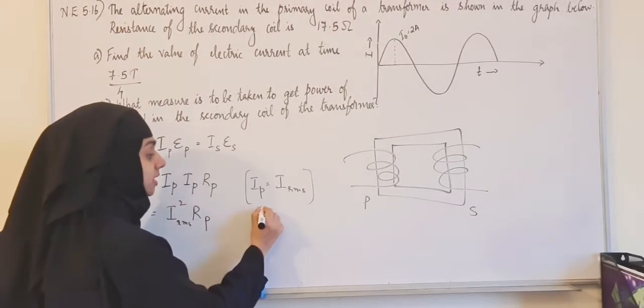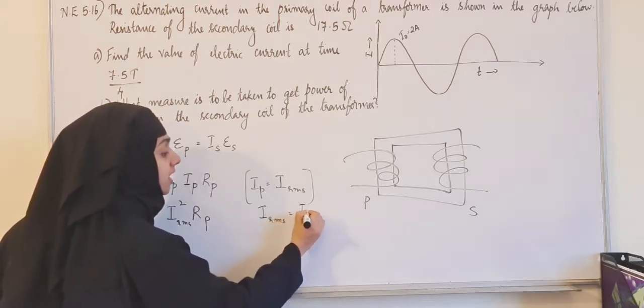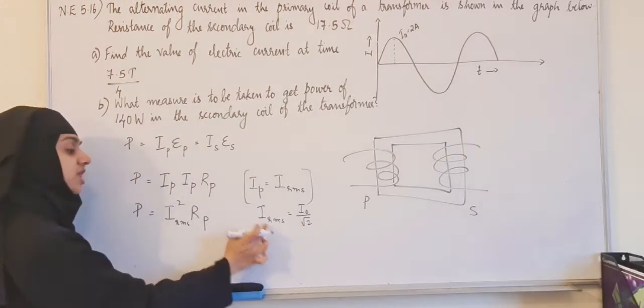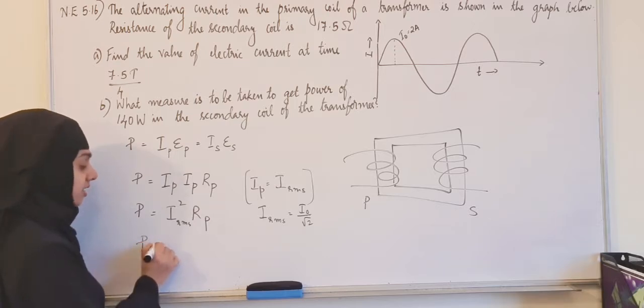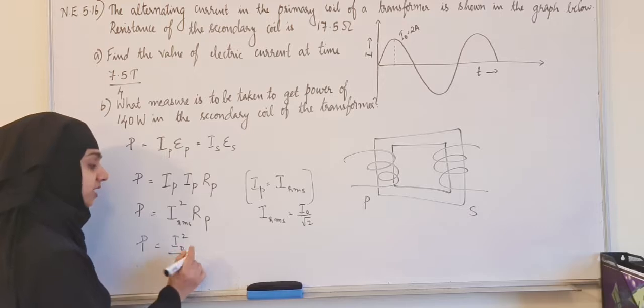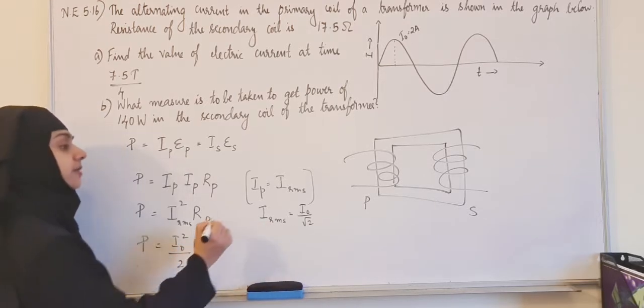Again, we know that RMS value of current is equal to peak value of current divided by root 2. So let me substitute that for RMS value here. So this will become power is equal to I naught squared divided by root 2 squared, that is 2, times R_P.